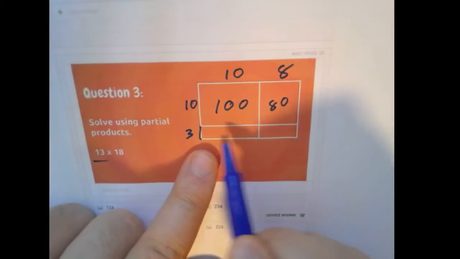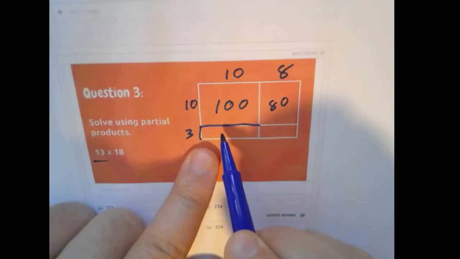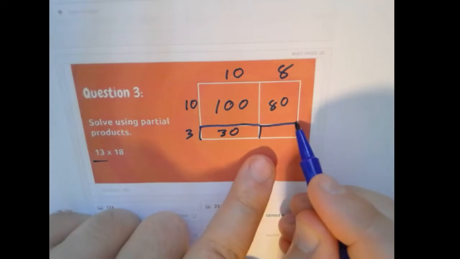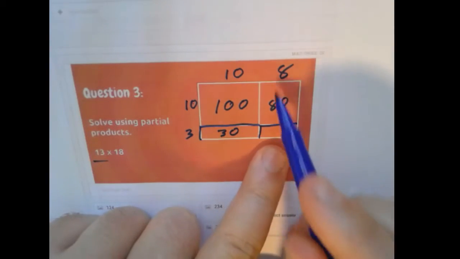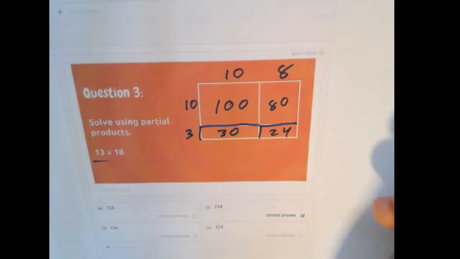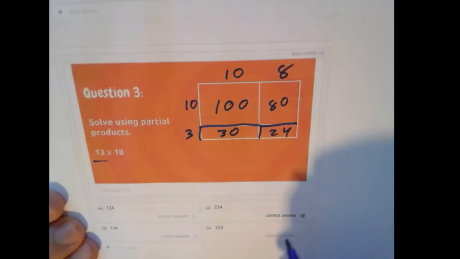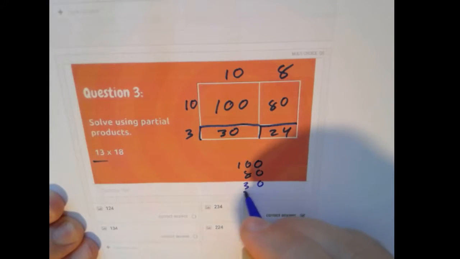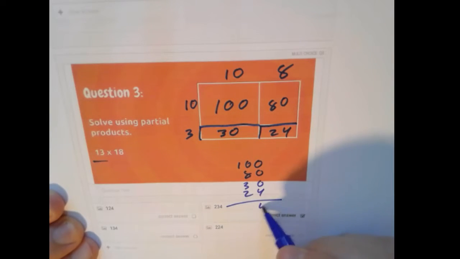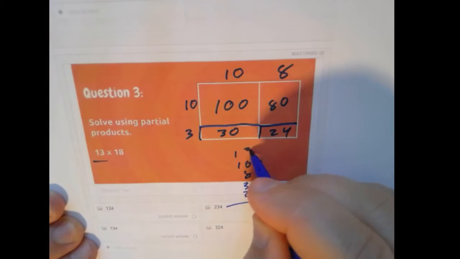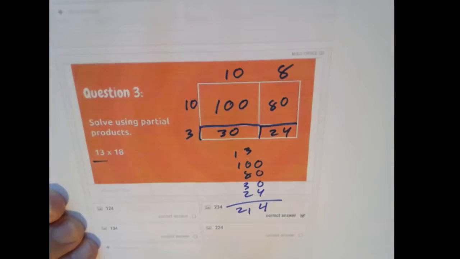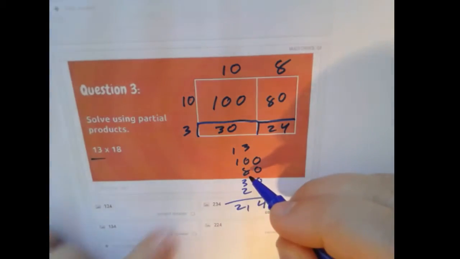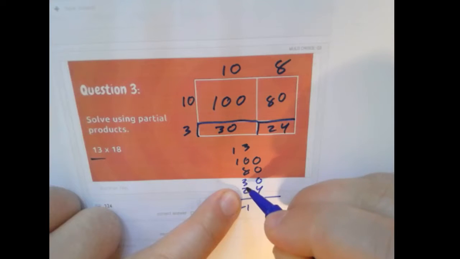Here a height of 3 and a width of 10. 3 times 10 would be 30. And this rectangle over here, 3 times 8 would be 24. So if we added those all together, we'd end up with, oh, did we do that right? 4, 8, 9, 10, 11, 12, 13.